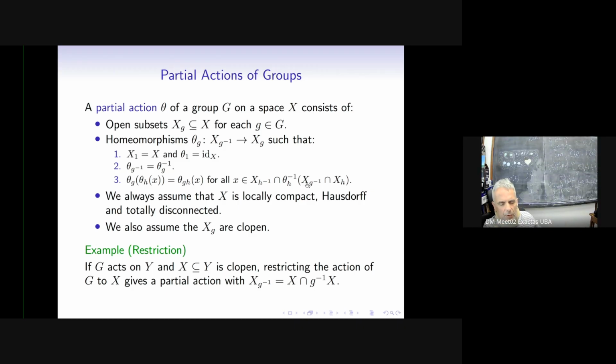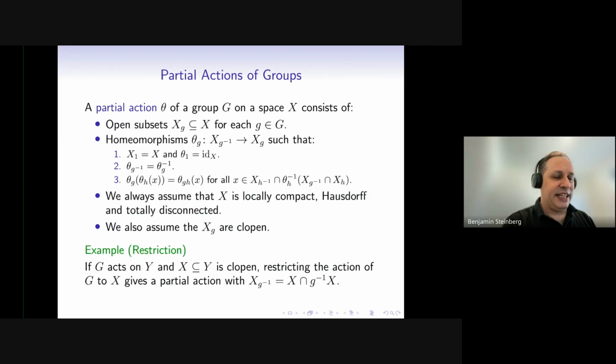Okay, so you're requiring in the second slide that this happens automatically whenever the two elements are letters or words, so whenever there's no cancellation. Like if I do AB times A inverse B, I expect them to actually be a real composition. But if I did AB inverse times BA, there's cancellation, and I don't expect this to hold.